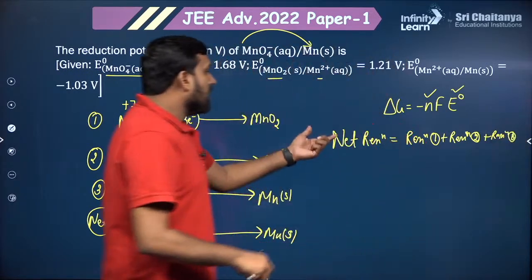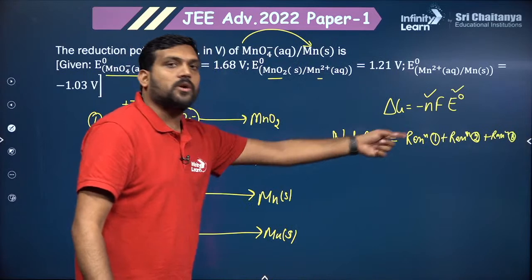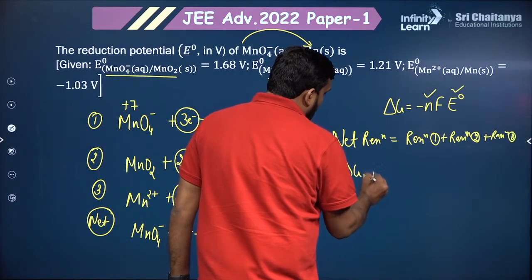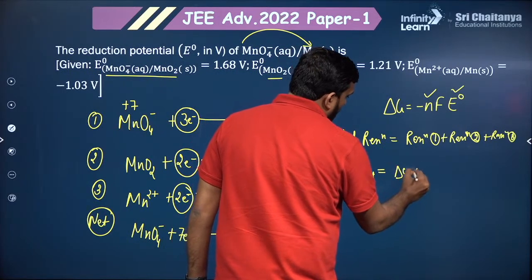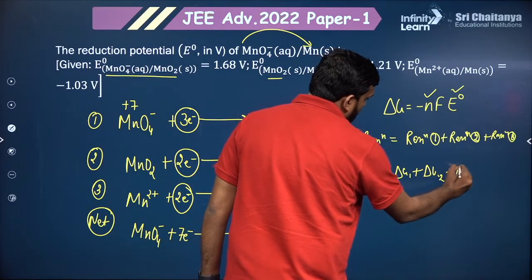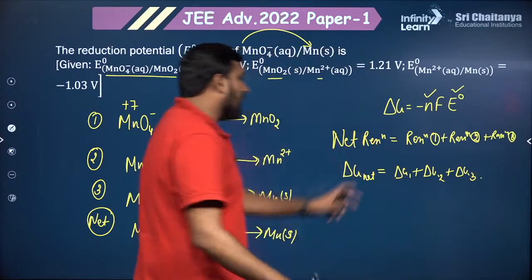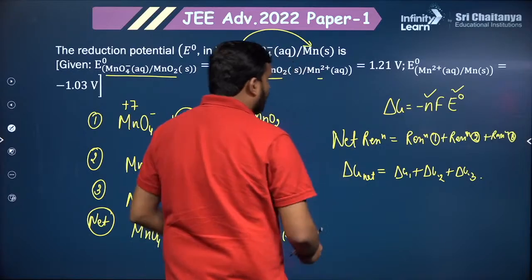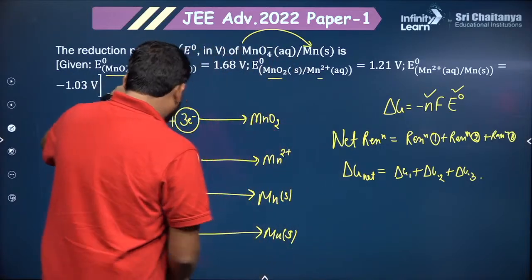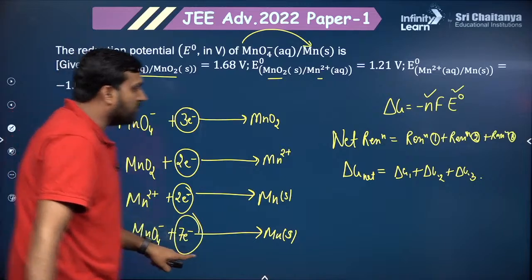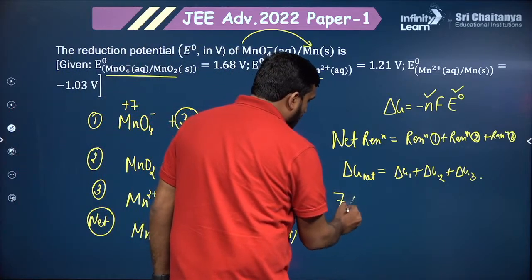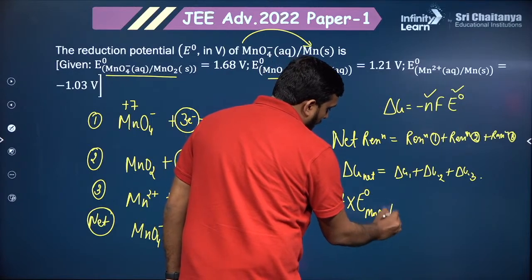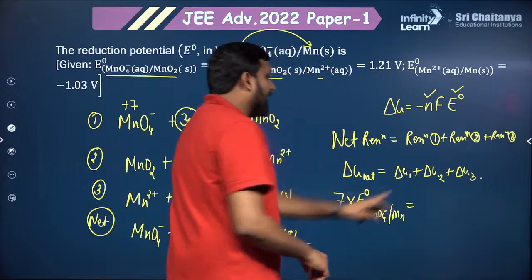Now we know that if we add the reactions, the Gibbs energy also gets added. So delta G of the net will be equal to delta G1 plus delta G2 plus delta G3. Now we just put in the values using this formula. For the net reaction, 7 electrons are changing, so it will be 7 into E naught of MnO4 minus to Mn.